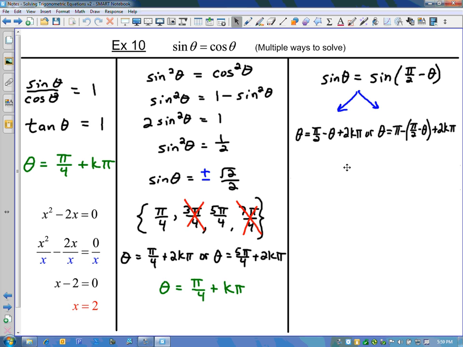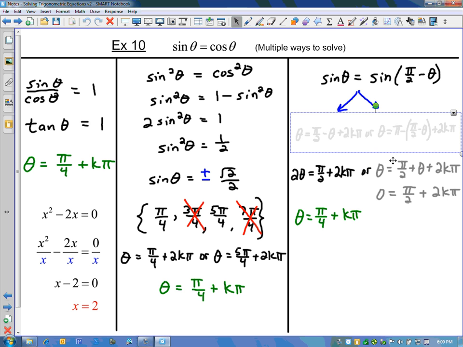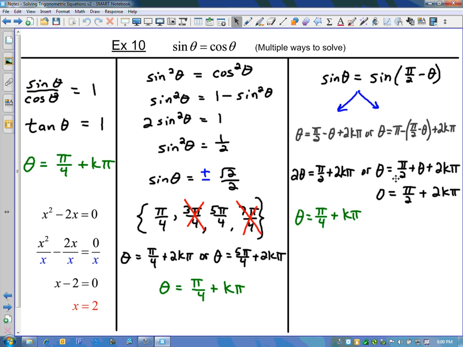All right, a little bit of algebra to clean it up. On the left side, we're going to bring this theta over to this side. So you have 2 theta equals pi over 2 plus 2k pi. We divide through by 2, and we get, once again, theta equals pi over 4 plus k pi. Or if we look at the other side, we're going to distribute here, combine like terms.